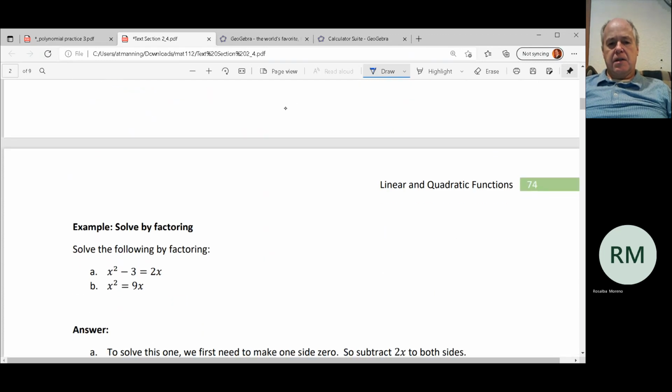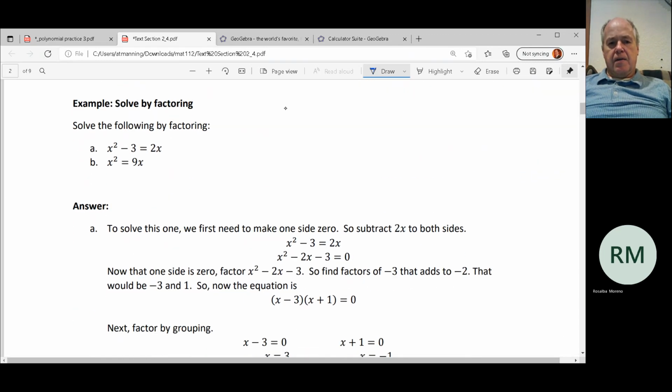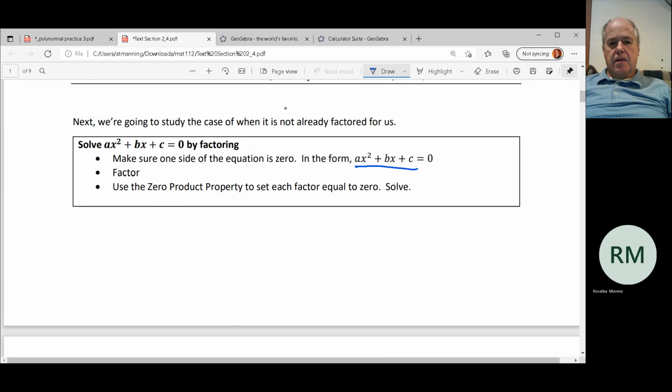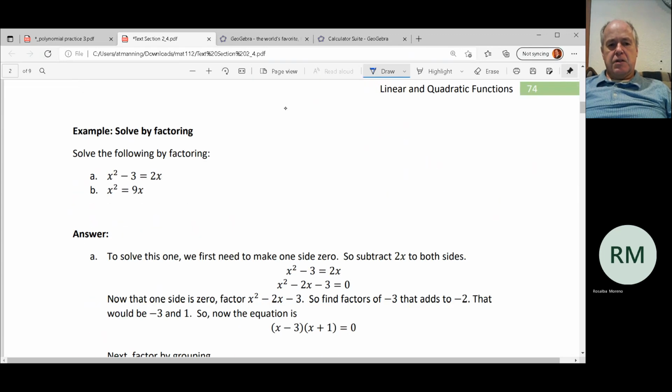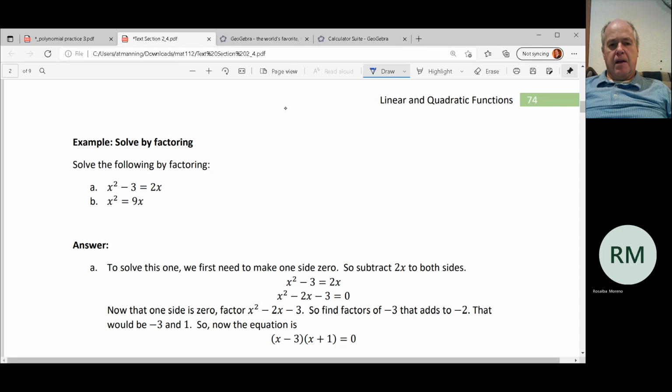Well, they do that by figuring out, well, there's at least two possibilities. Okay, so let's do that here. Let's put it in the form x squared, subtract 2x from both sides, minus 2x, minus 3 equals 0.